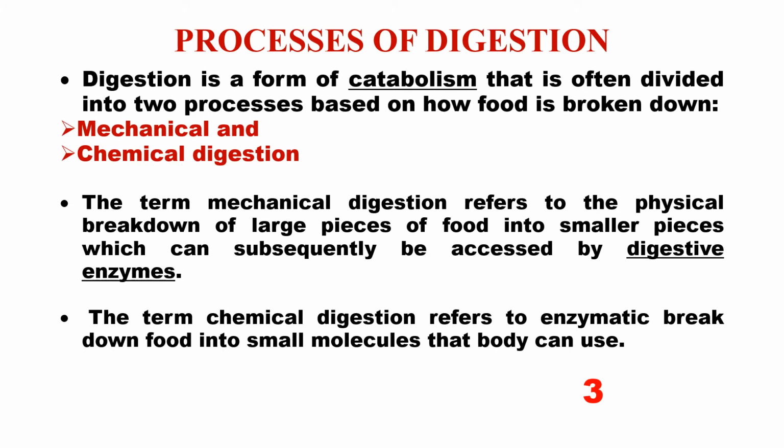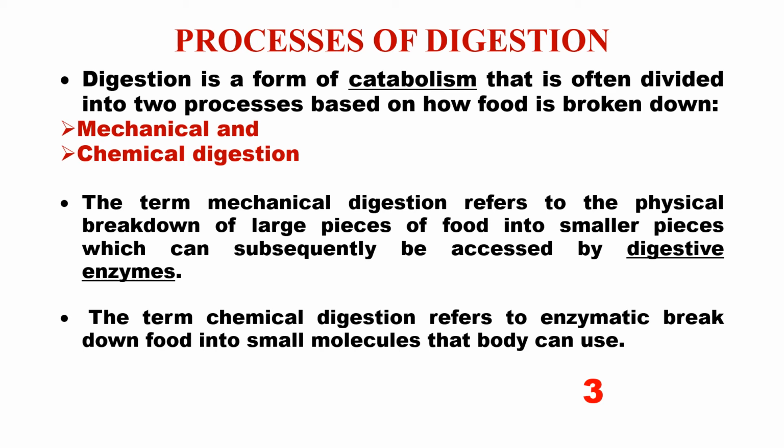Process of digestion. Digestion is a form of catabolism that is often divided into two processes based on how food is broken down: mechanical and chemical digestion. We say digestion is a form of catabolism, where catabolism is a form of metabolism that ensures breaking down of giant molecules into smaller molecules.